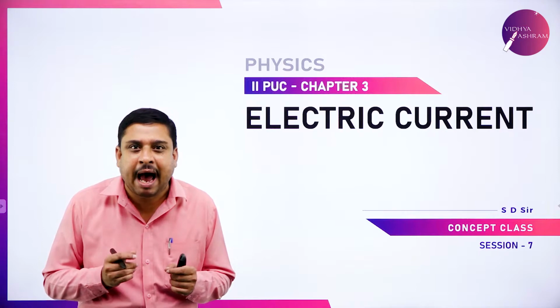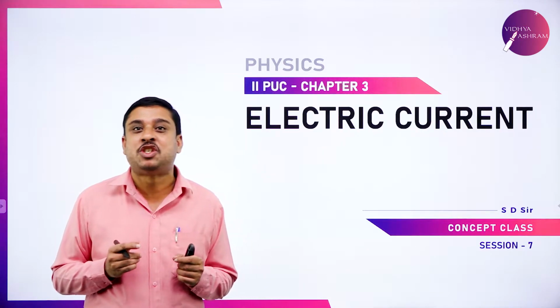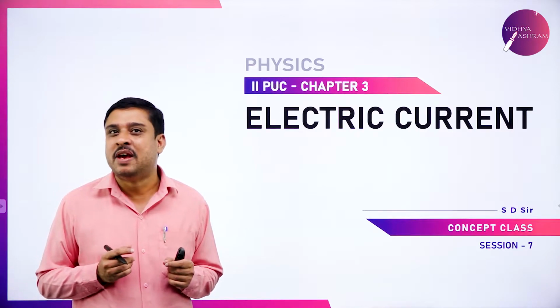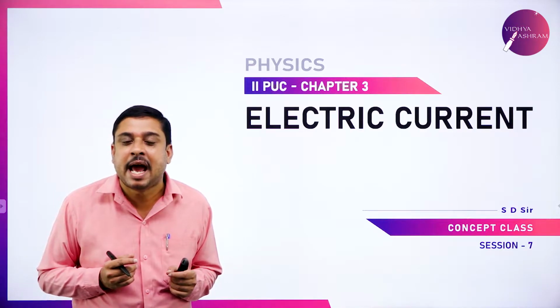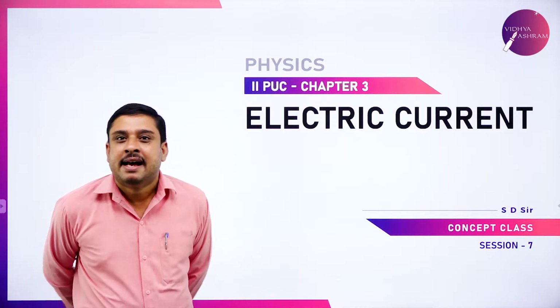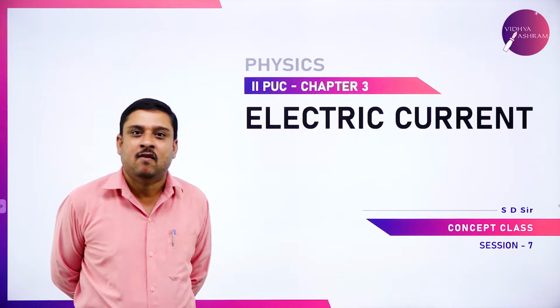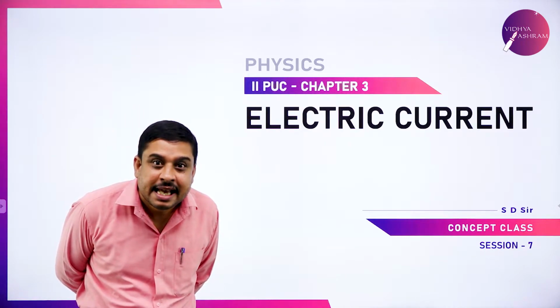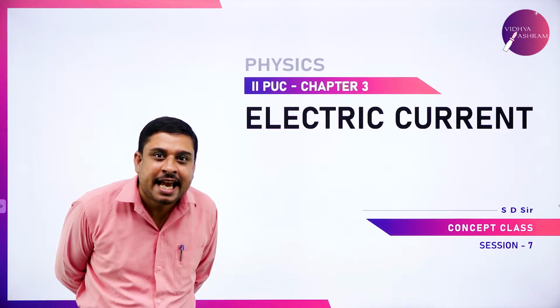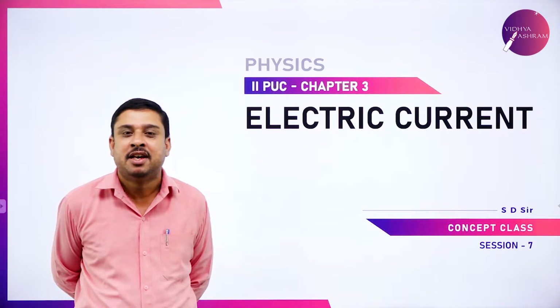Now, just to have a recapitulation of session 6, where we discussed cells. We told a cell is a device which converts chemical energy into electrical energy.